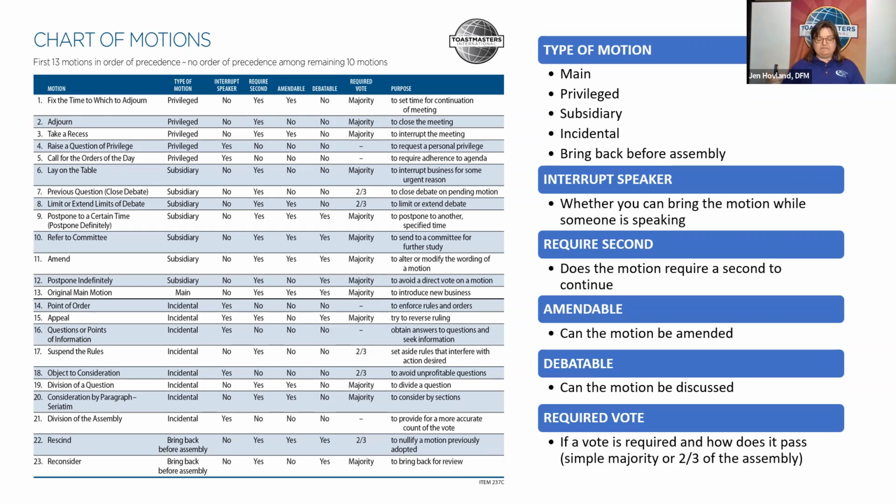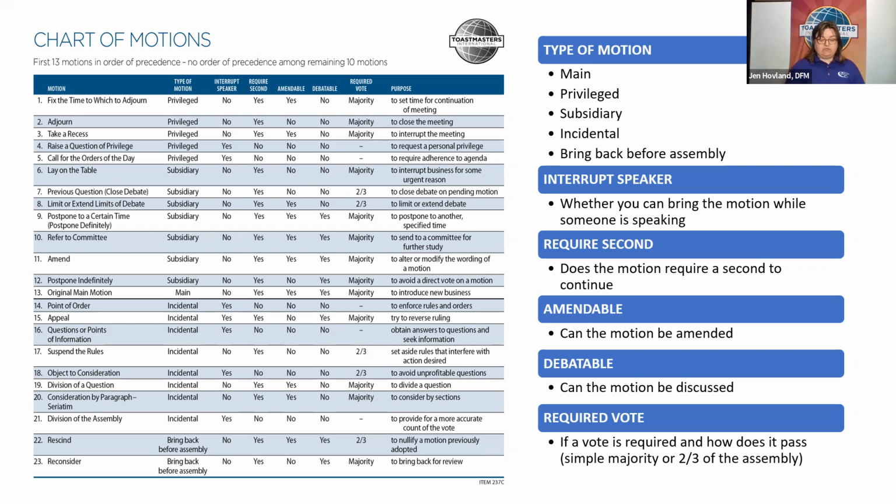You obtain the floor, make your motion, and wait for someone to second it. If no one seconds, the chair will call for a second. The chair will then state the motion, which gives a chance to amend or expand it, and bring the debate and discussion. And then the 7th point is where you ask the question, or you vote on it.